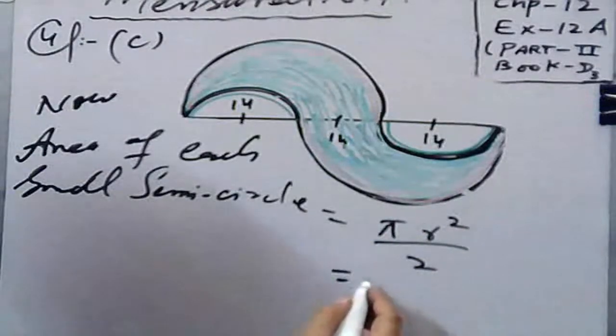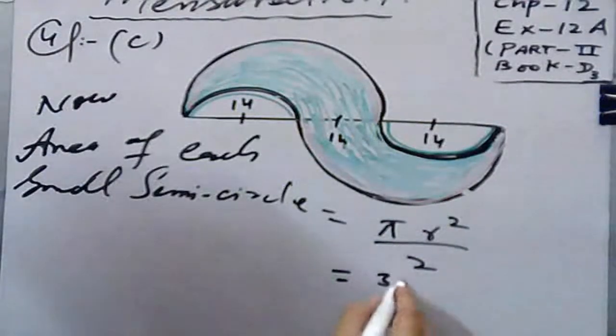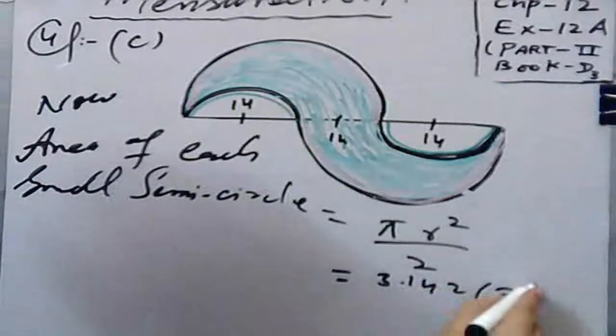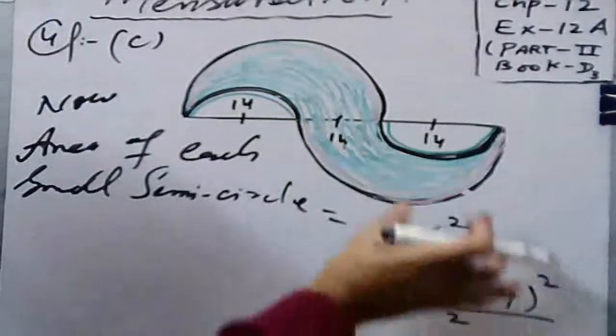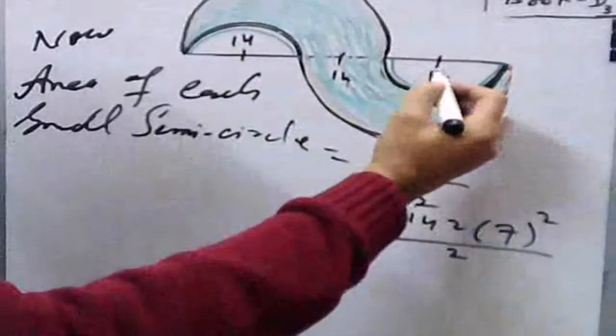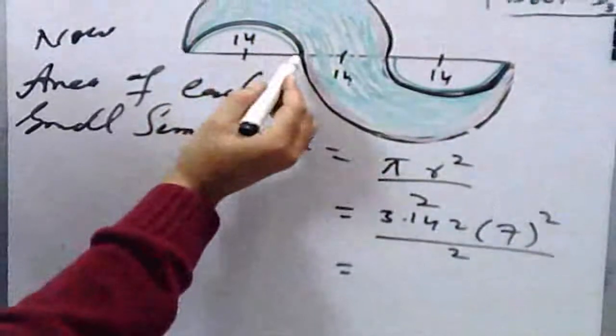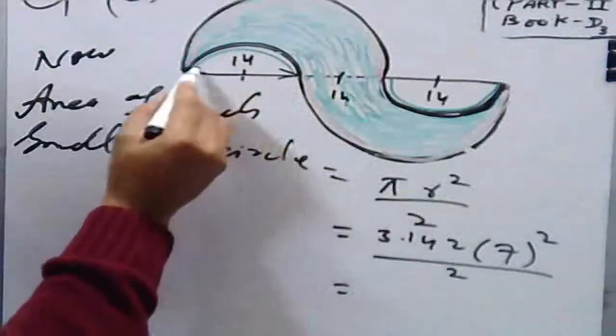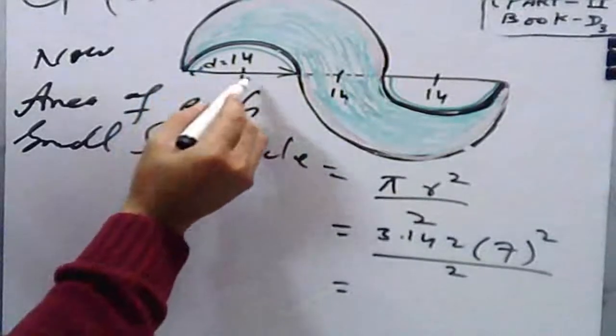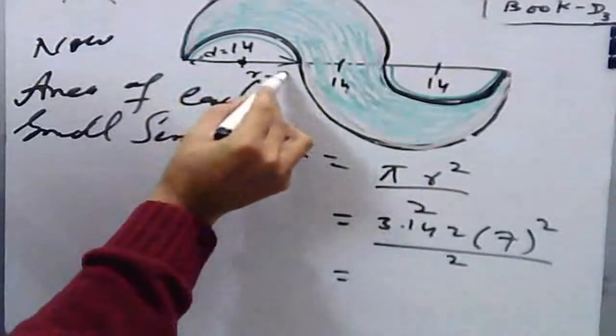Putting the values, you will get 3.142 into 7 square divided by 2. So why do we use 7? Because that is the diameter. You can see here, that is your diameter d, but you need r, so r is 7.